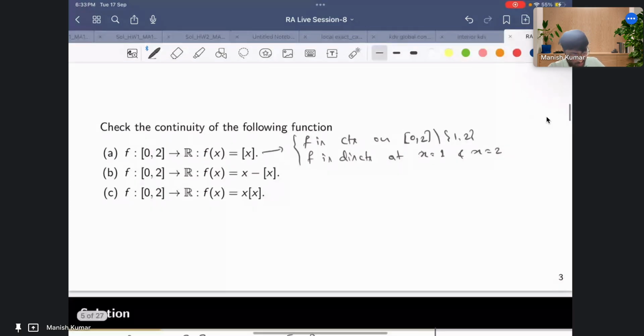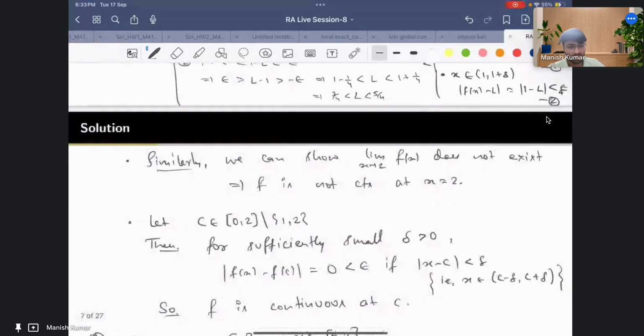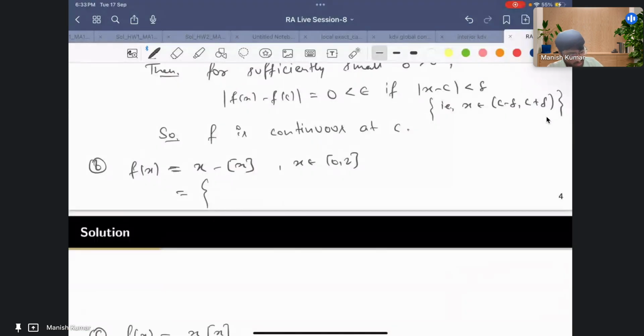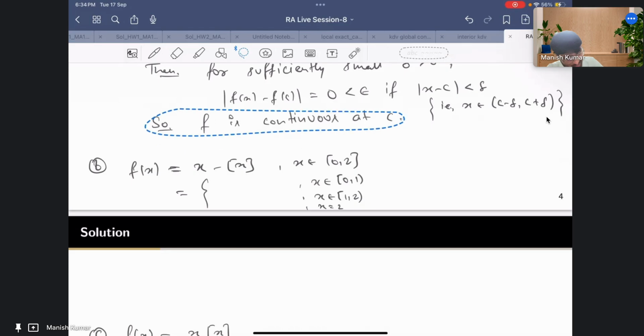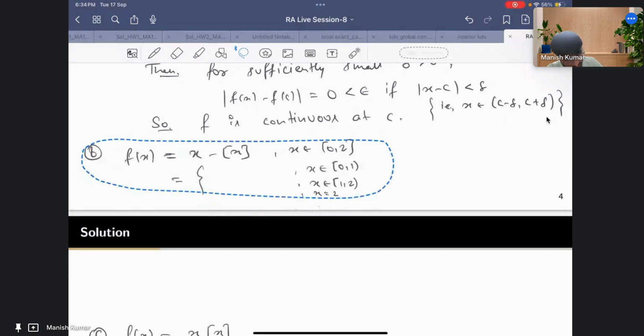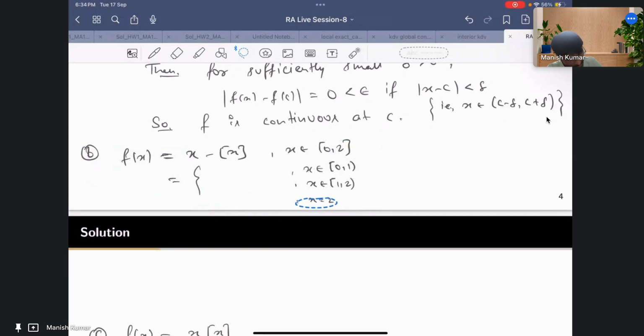Now let's go to the second problem. We have this example. Here again I'll break my interval into 3 parts. First I'll consider 0, 1. The second would be 1, 2, and the third would be x equal to 2. Let us see what the function is.